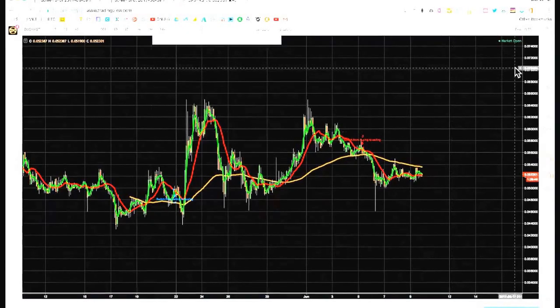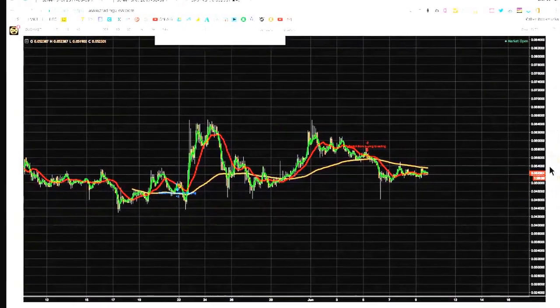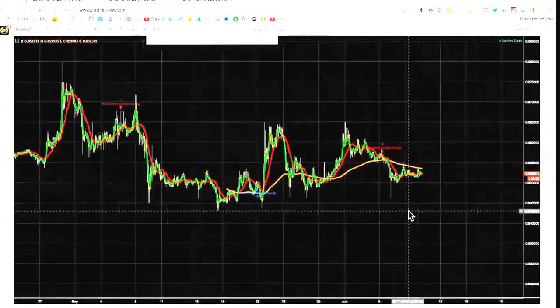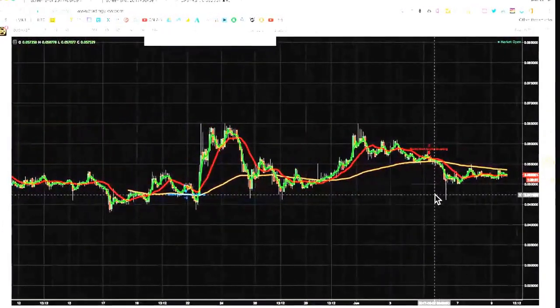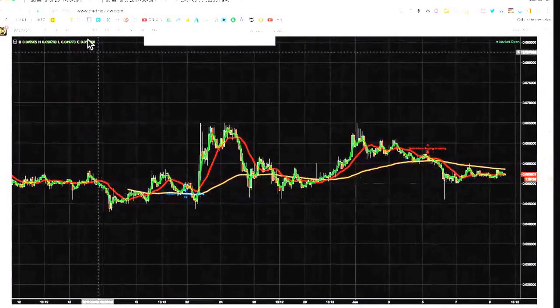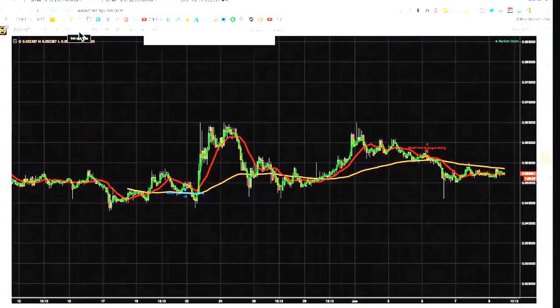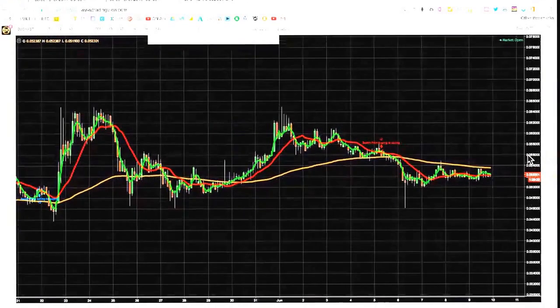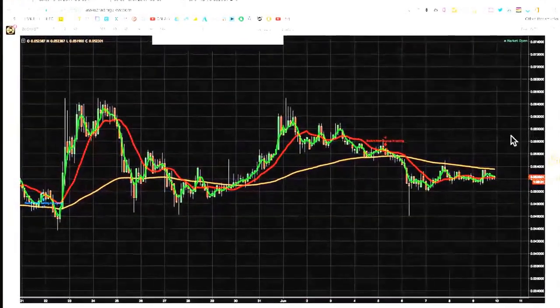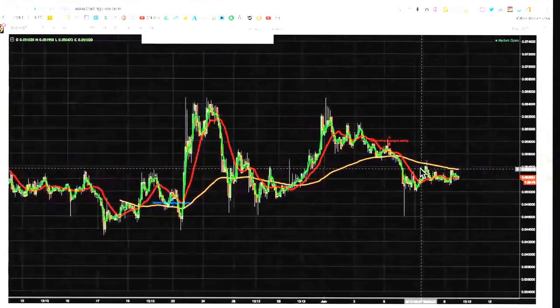So we know it's undecided. We call this sitting sideways when a chart doesn't really know what to do. Also, you'll see that because I am using an odd number candle, this 144 minutes, TradingView's scale doesn't really know what to do, so zooming in and out is really hard.